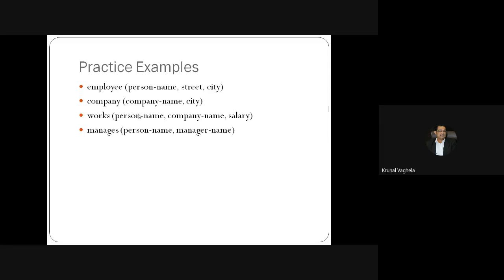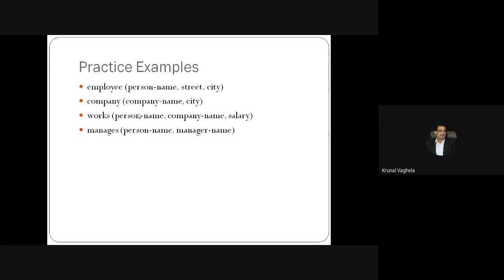So here you have 4 tables. One is employee, where the columns are person name, street and city. One is company, where the company name and city information is given. Works is the relationship between employee and company, where the columns are person name, company name and salary.